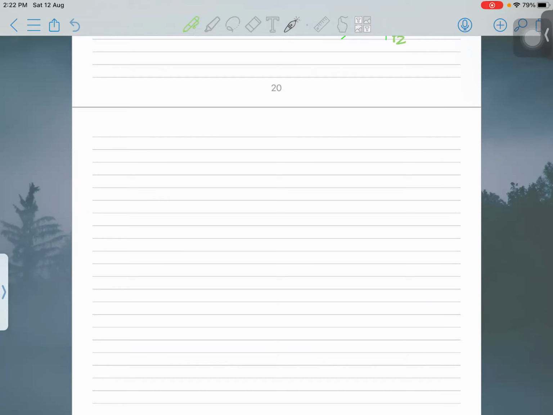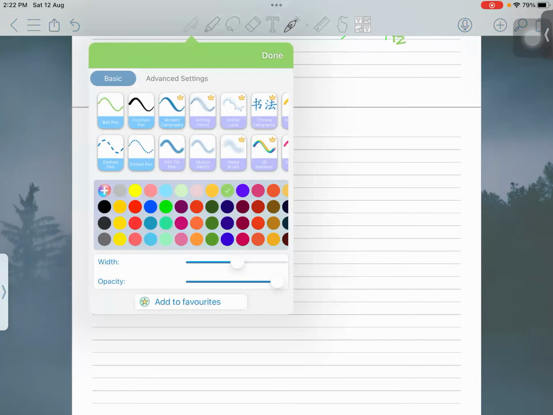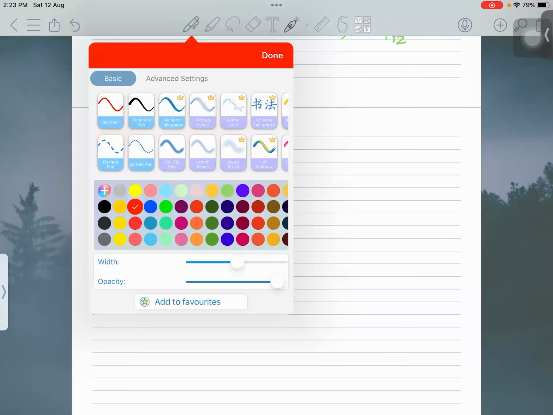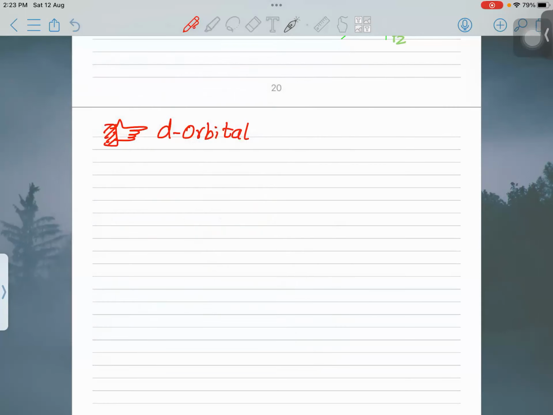Now we have the d orbital. The shape and name of the d orbital are not in the AS syllabus.